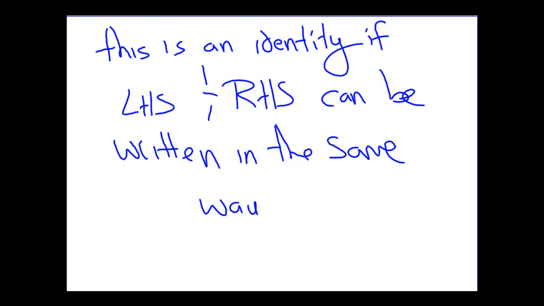In other words, if I can make the left-hand side and the right-hand sides look exactly the same, then we have ourselves an identity. If they look the same, then they must be the same. So this is interesting because what it means is that we're going to show that this is an identity by using identities. And let's see how that works. So we'll start here with our original expression.